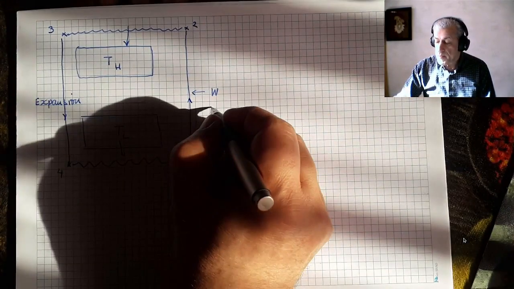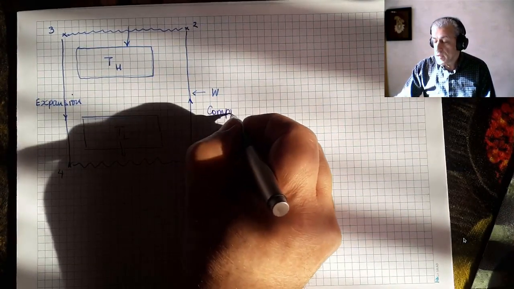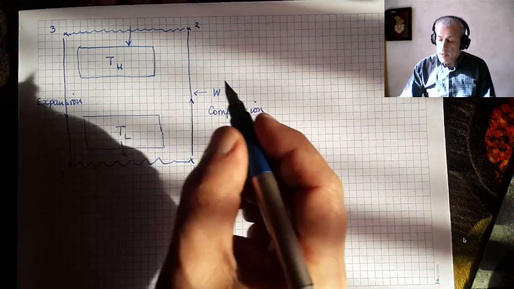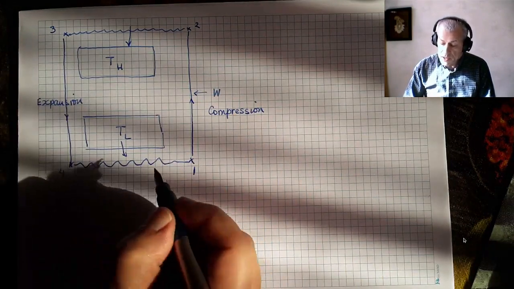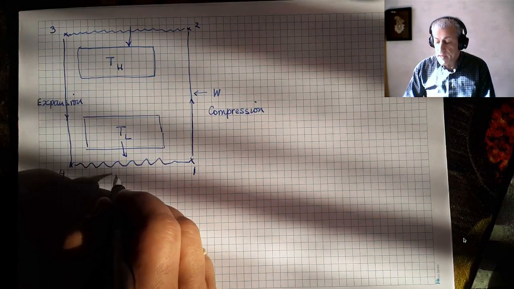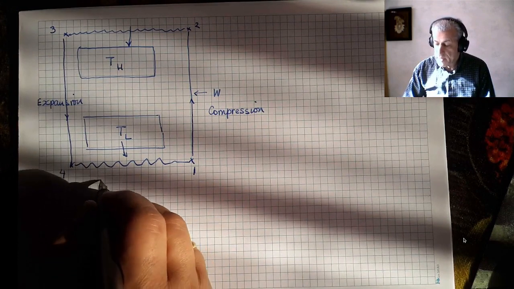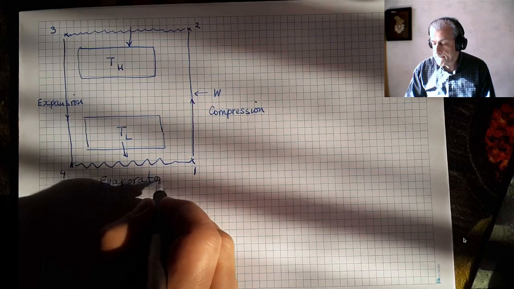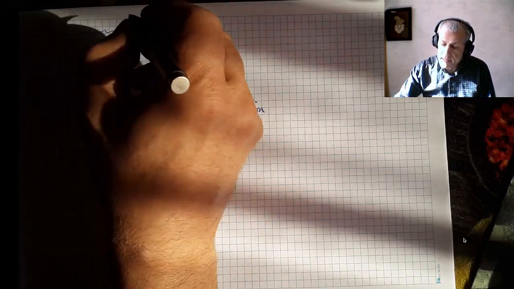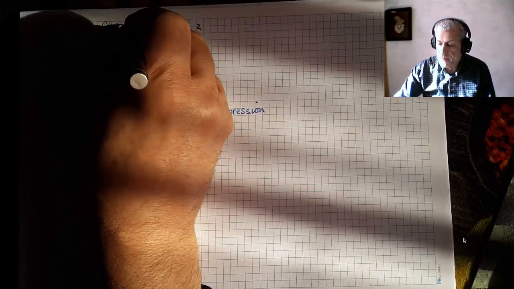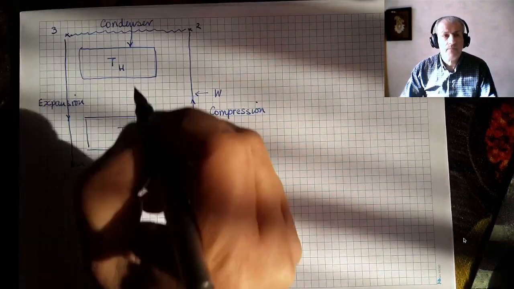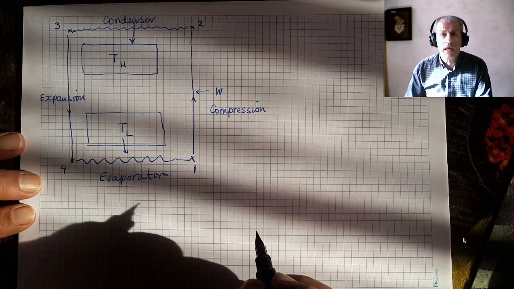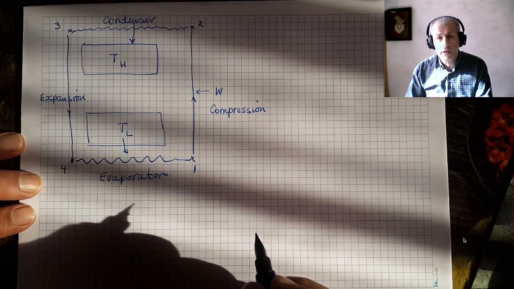So this process is called compression. This process is just heat transfer and is done in an evaporator, they call it. And this process is done in a condenser. And the expansion could take place in two different instruments.